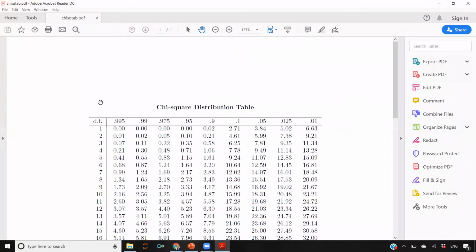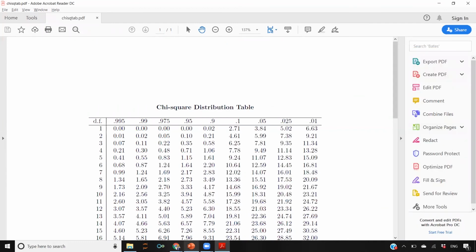Okay, so here you can see we have different degrees of freedom, and you have these chi-square values: 2.71, 3.84, 5.02. These are chi-square values, and this tells you the p-value, the probability value.